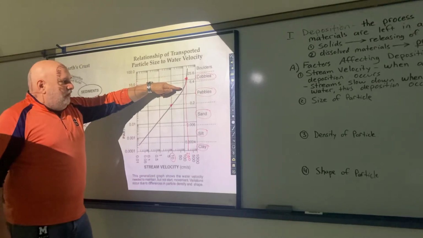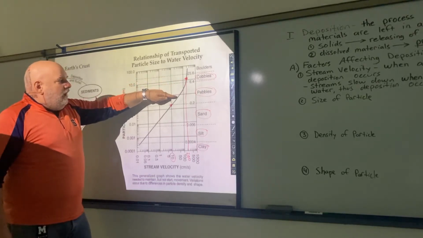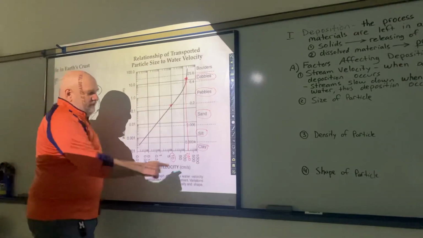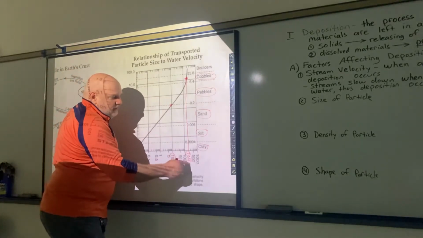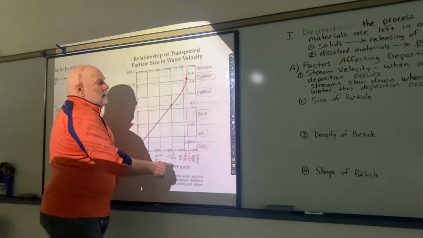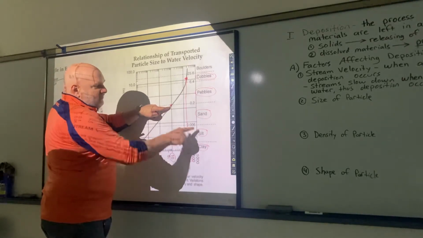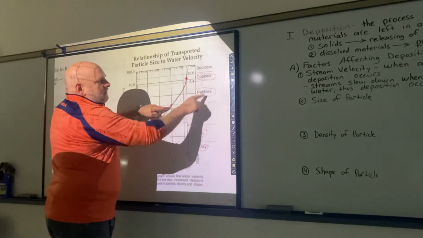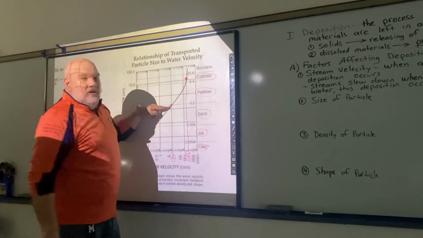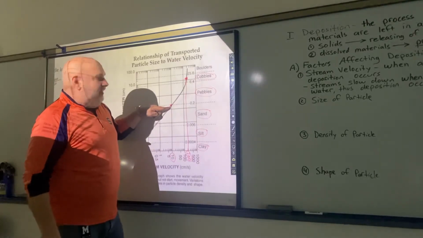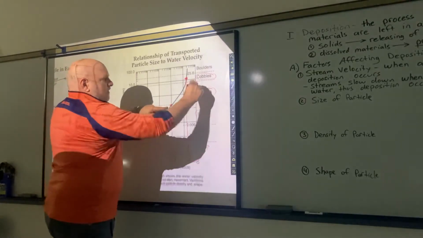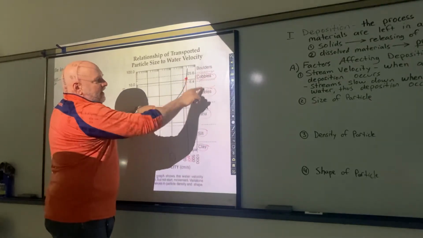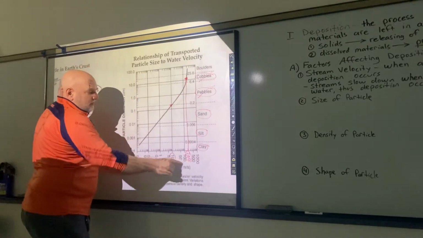And then as it slows down some more, all the pebbles are gonna get deposited. So if it's slowed down from 200 down to 10, it would still be going fast enough to carry the sand, the silt, and the clay, but it's not fast enough to carry the cobbles and the pebbles. So the cobbles and the pebbles would get deposited, right? So that one and that one will both be gone. It's still carrying these guys, but those guys get deposited if it went from 200 down to 10.